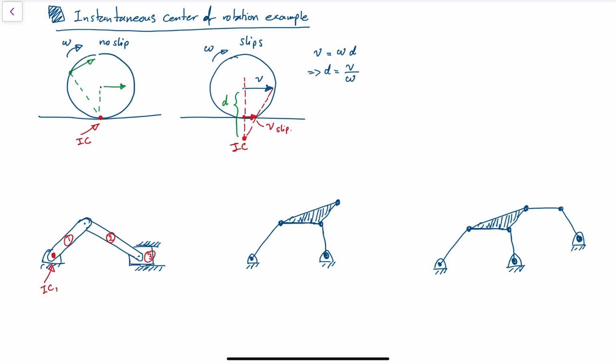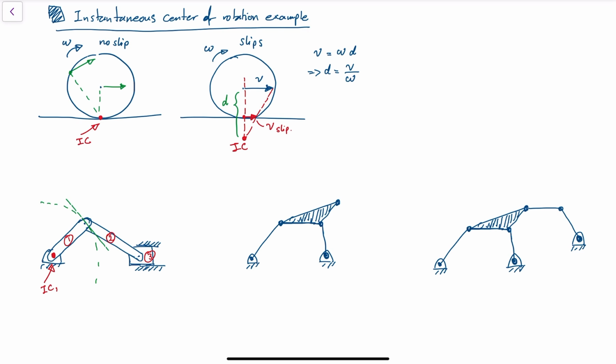I know body 1 is rotating about that center, so it goes around an arc like this. I don't know which direction it is turning, but its velocity has to be tangent to the path, so its velocity is along that line.